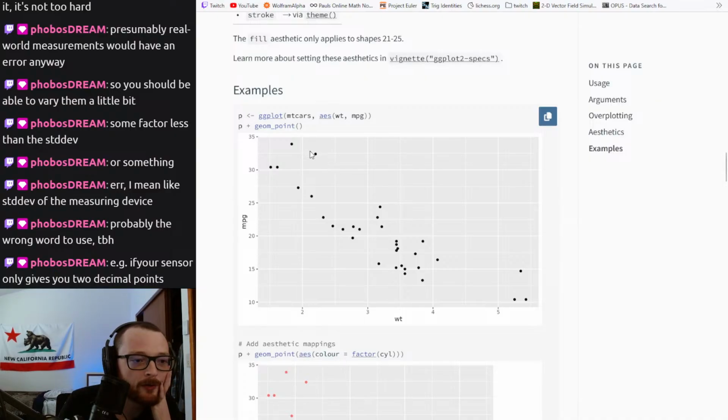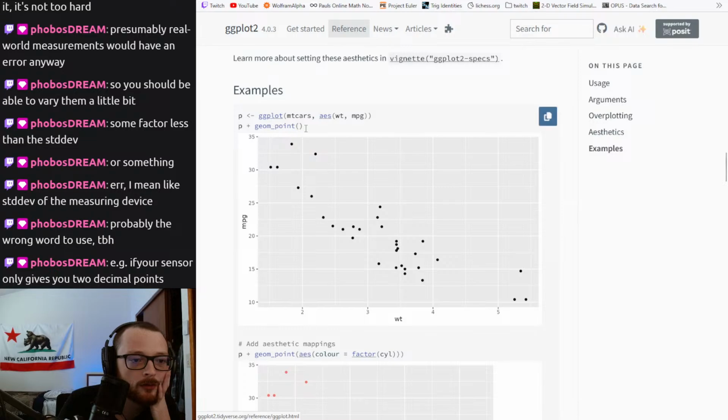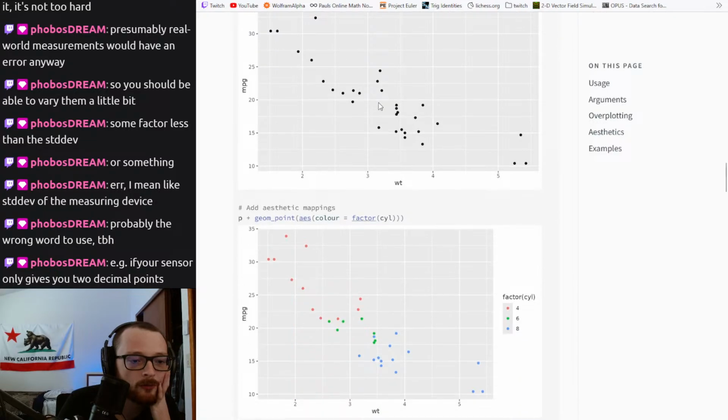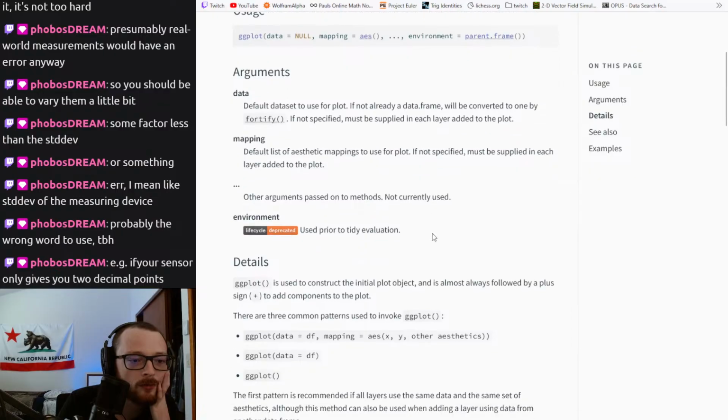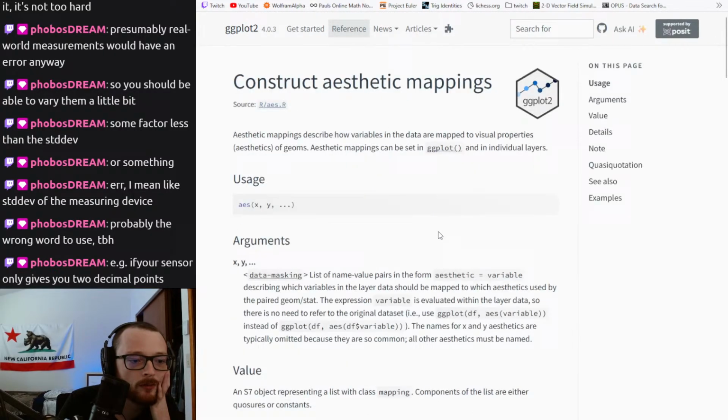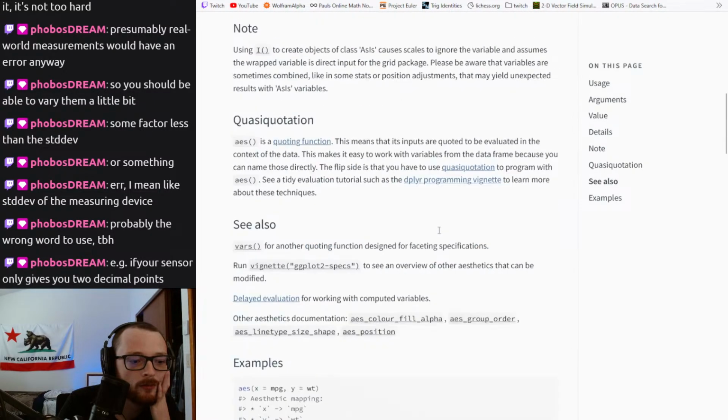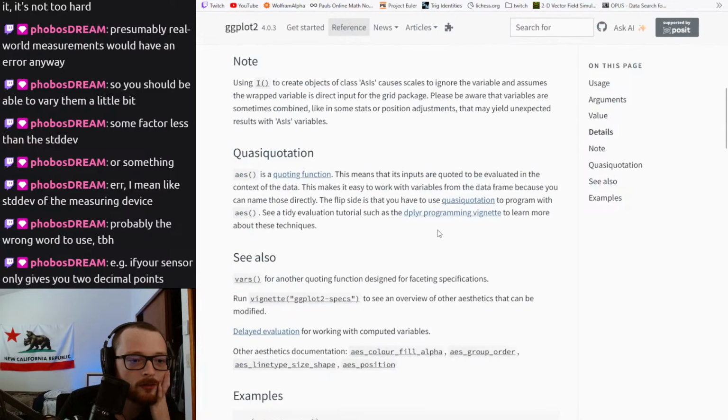This is not a geom point. Is it a ggplot thing I should actually be looking in? Maybe it is.